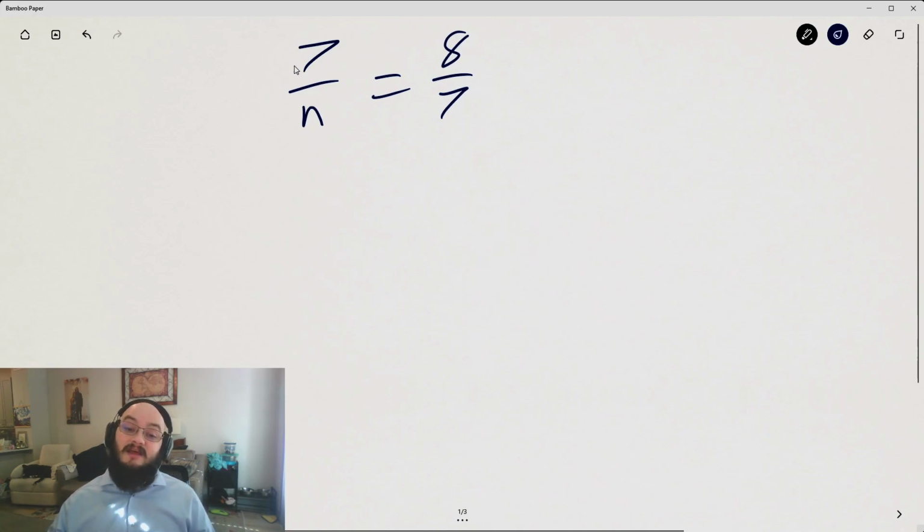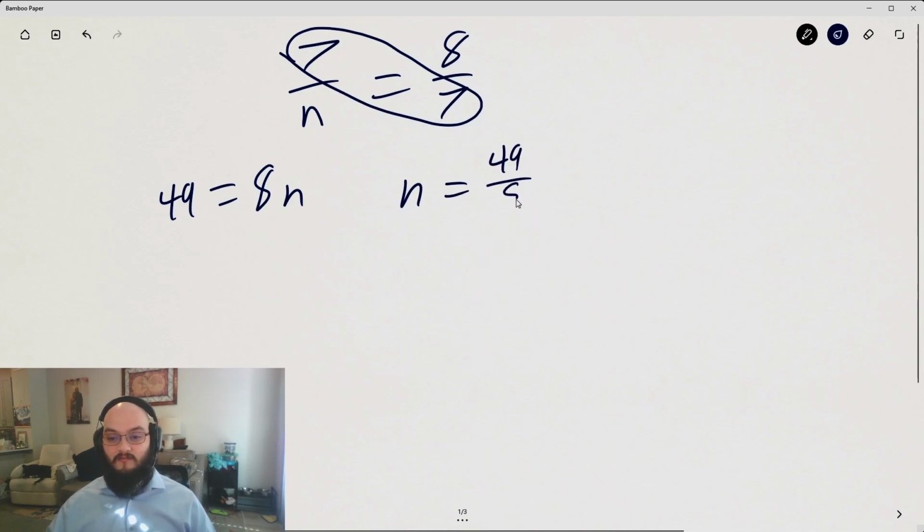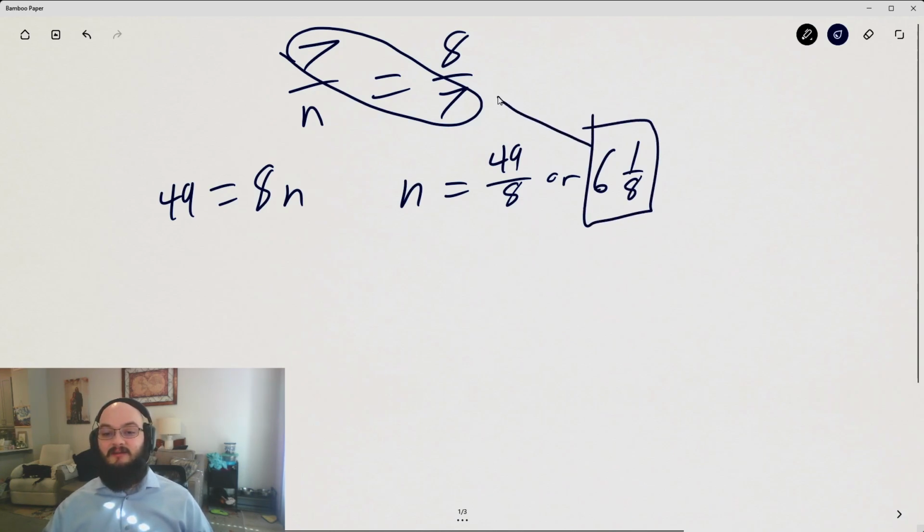So instead, let's use the cross multiplication method. We know 7 times 7 is going to be equal to 8 times n. So 49 is equal to 8n. And dividing both sides by 8, we would have n is equal to 49 over 8, or 6 1/8. And that is the final answer for this proportion.